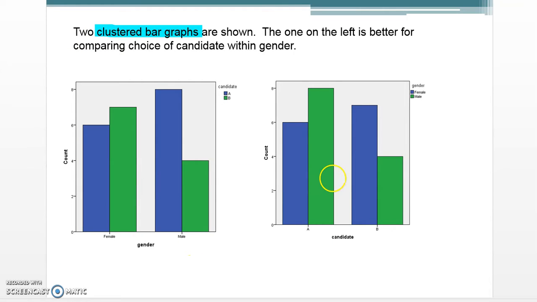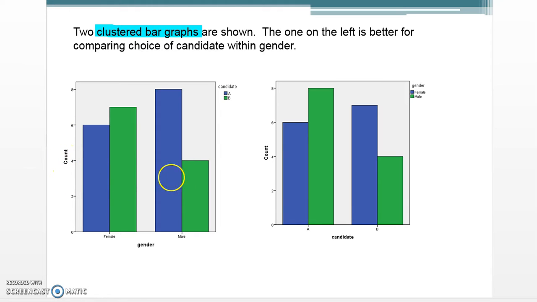Now we have two clustered bar graphs that can be generated based on how you label the horizontal axis and the vertical axis. In the first case, we put the gender on the horizontal axis and the preferred candidate on the vertical axis.